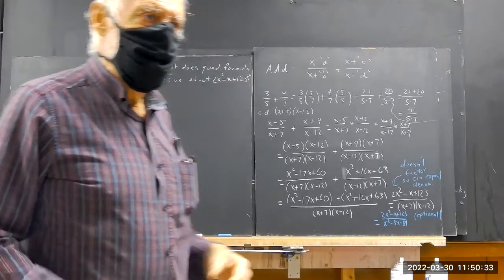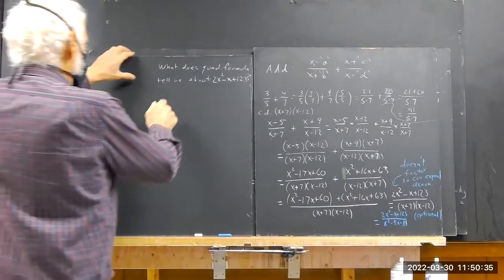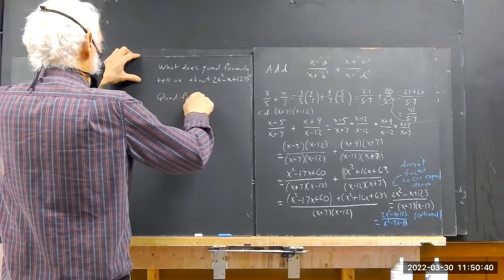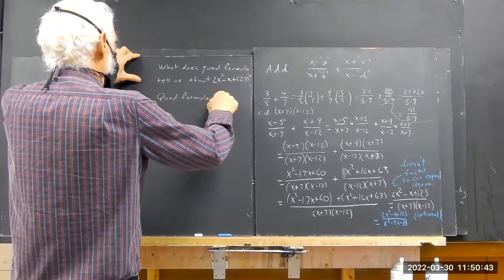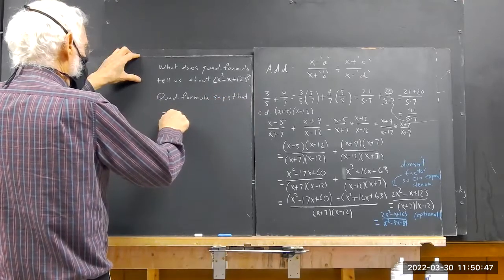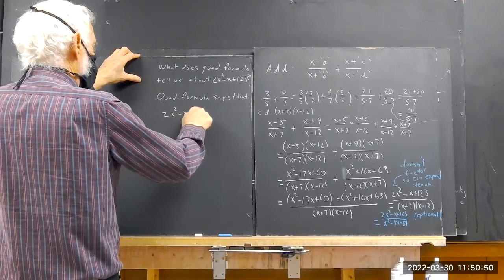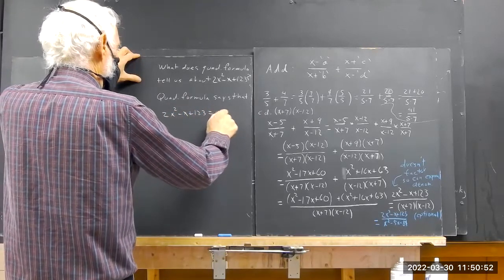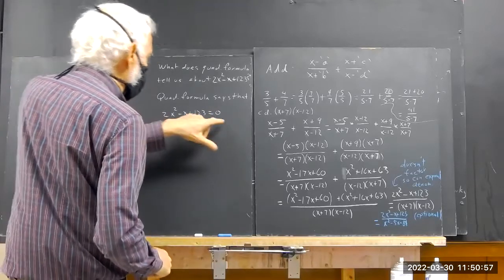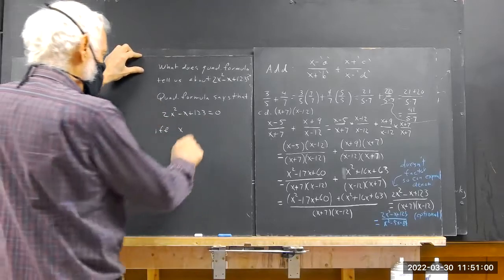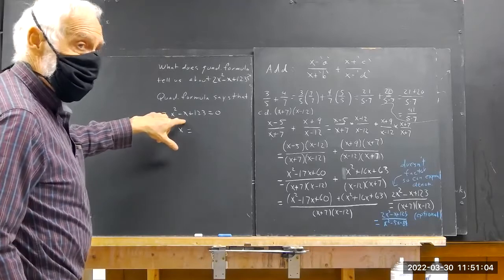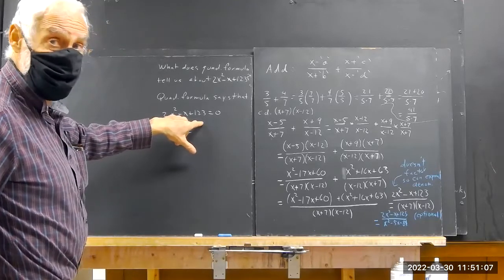Now, what the quadratic formula says is that this equals 0 if and only if x equals, well, a is 2, b is -1, and c is 123.